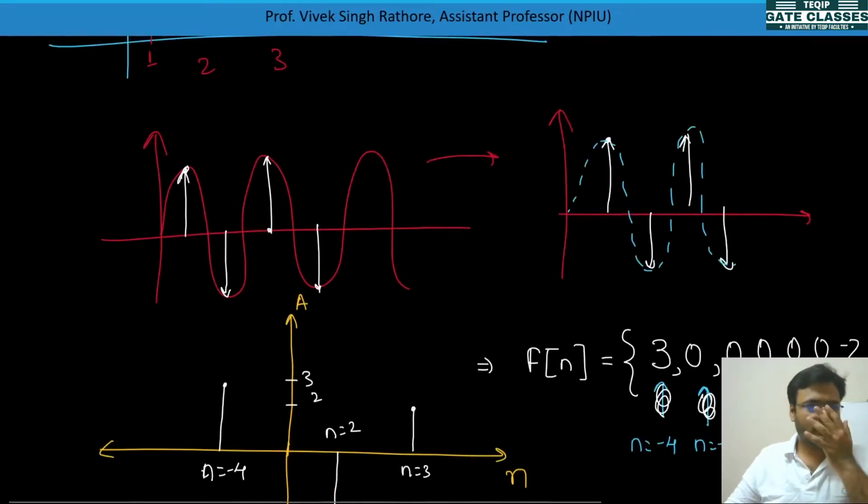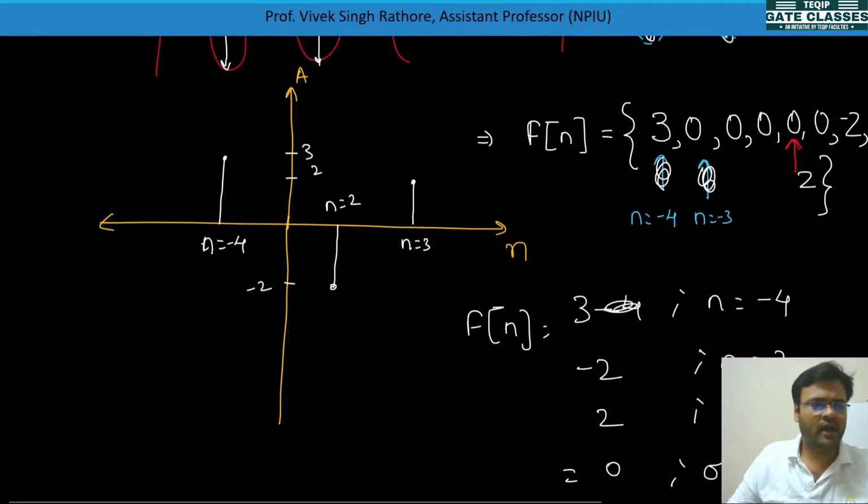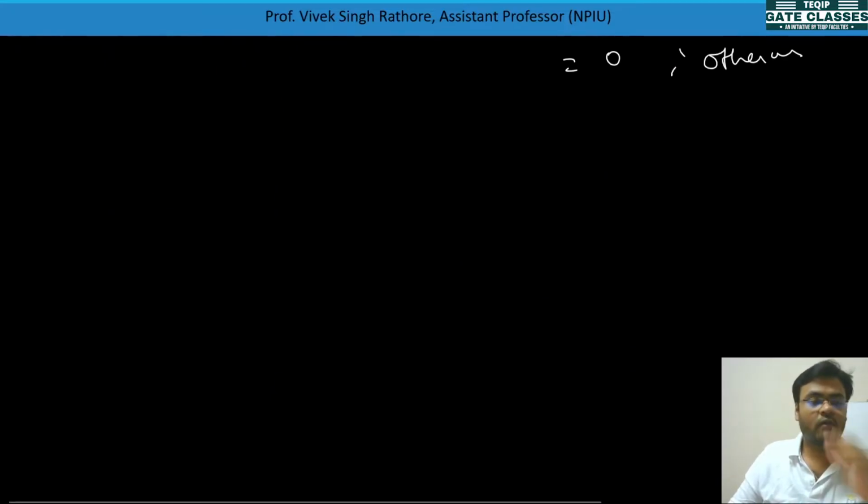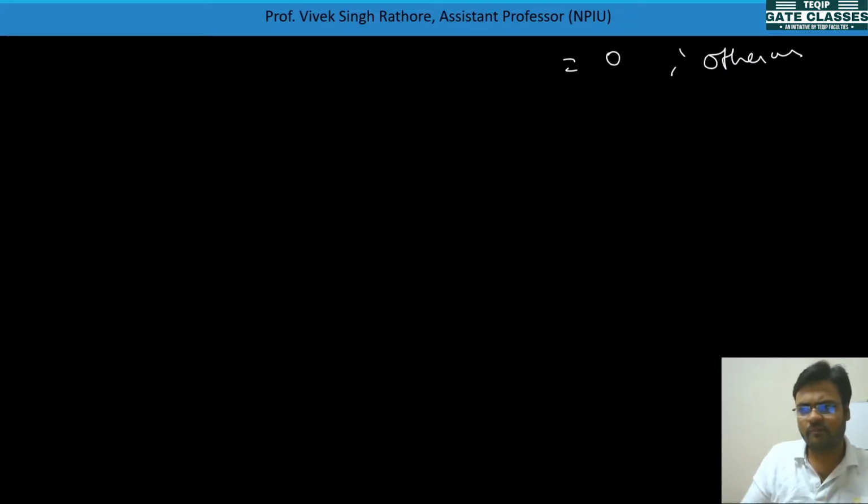So now you understood how to write a discrete time signal as a mathematical expression. Now if we have to perform operations like time shifting, there are two shiftings: either delay or advance.